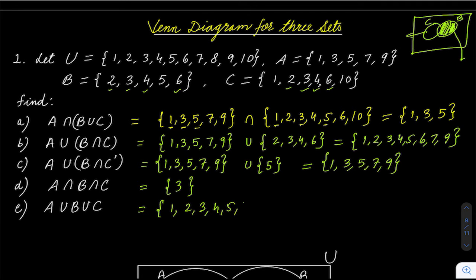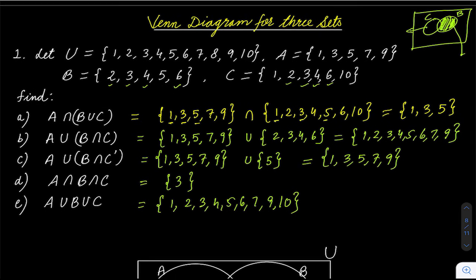So 1, 2, 3, 4, 5, 6, 7, 9, and in fact 10 is also there. So this is my A union B union C. This will take a little practice. You can pause the video and think about it very slowly, no problem.